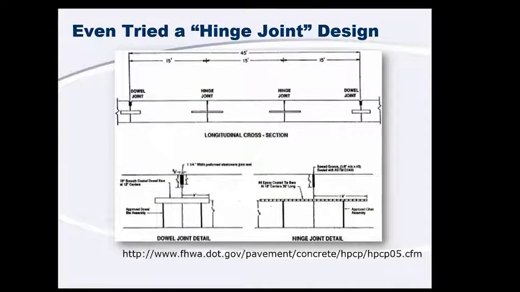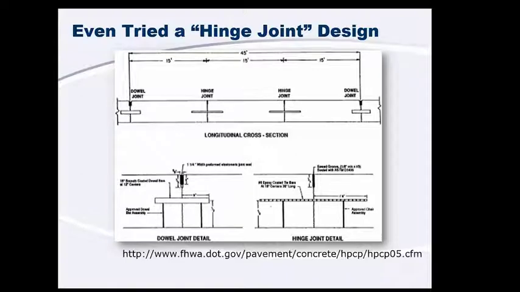Another thing that we tried throughout the years was something called a hinge joint design. And this was a combination of dowel bars and tie bars, or rebar, placed in the pavement at different intervals. And so the idea behind this was that you'd have dowels for your flat butt face joints, or your construction joints, and you would have rebar or tie bars in your hinge joints to make sure that this joint stays tight and you get good aggregate interlock.